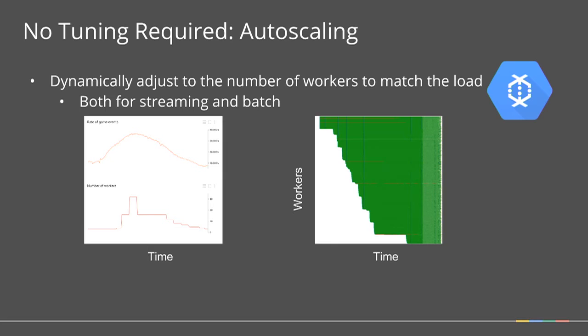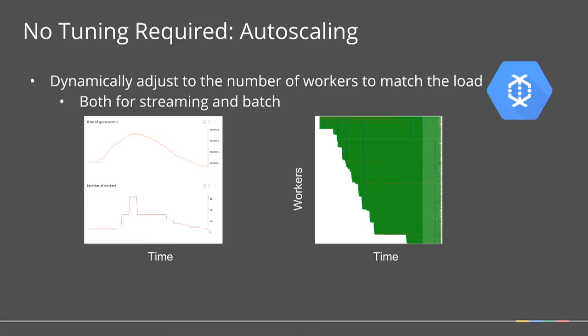And this was like, I think, 10,000s a second, so it's not a big job. And then the number of workers was low, just a few workers, and then it jumped up 10x, and then came down as needed, right?